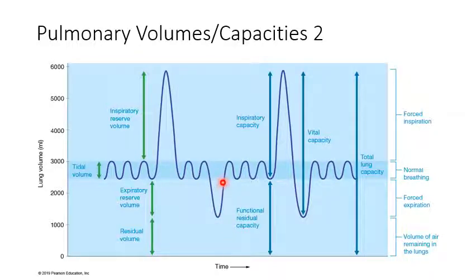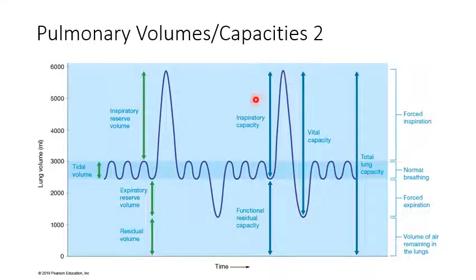And then finally, your forced vital capacity is, here it is. So that's the tidal volume and the expiratory reserve volume and the inspiratory reserve volume all added up. That's the biggest amount of volume that you can possibly get moving in and out of your lungs.